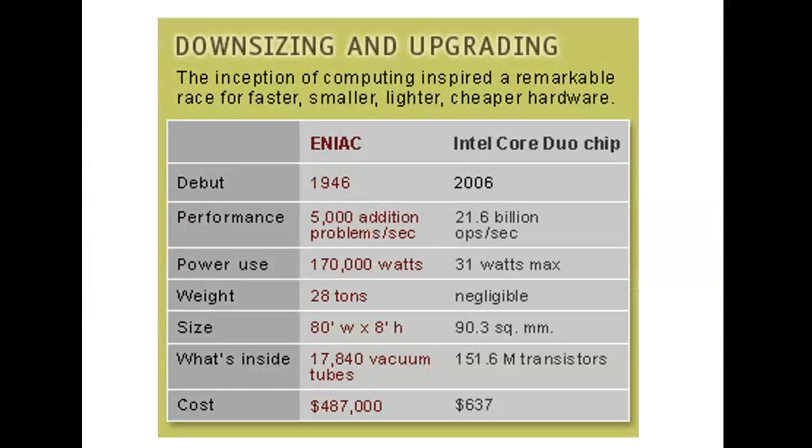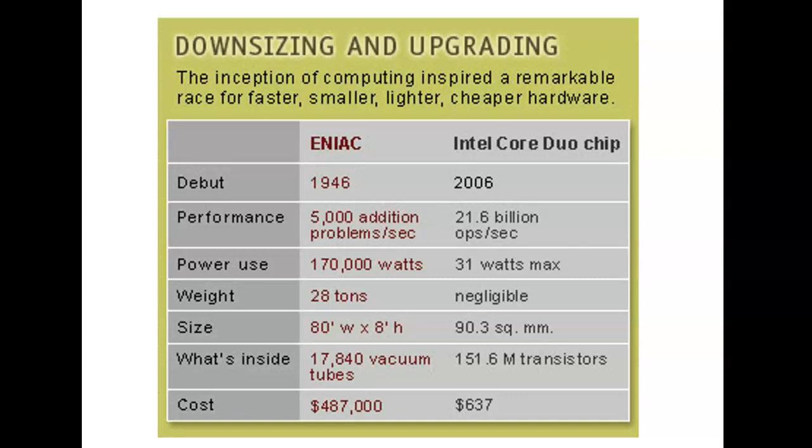Here you can see a comparison between the ENIAC and the Intel Core Duo chip. ENIAC was introduced in 1946 and the Intel Core Duo chip in 2006. You can compare the performance. ENIAC could perform 5,000 addition problems per second, and the Intel dual core could do about 21.6 billion problems per second.